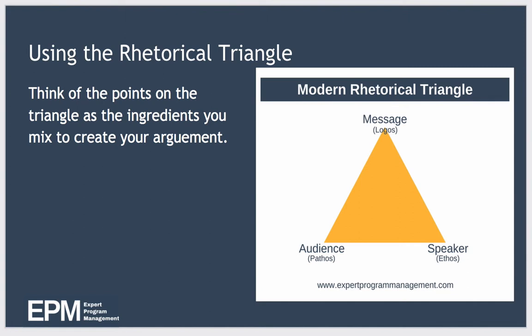Now, one way to think about the points on the rhetorical triangle is as ingredients you can use in any combination to create your argument. Now, all you really need is a little imagination to find the right set of ingredients to suit the needs of your audience.